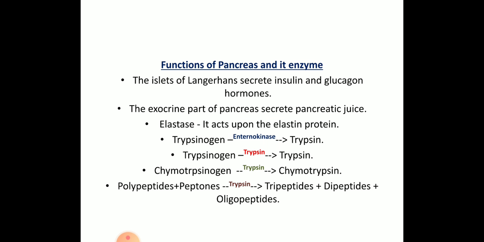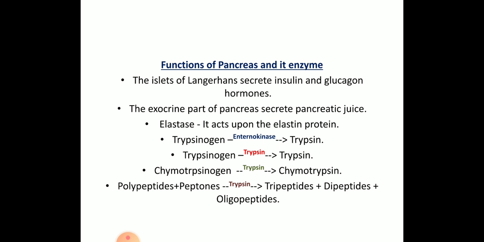Now, if you remember, trypsinogen, the inactive form of trypsin, is converted to trypsin in the presence of enterokinase, because it has to be activated. Then chymotrypsinogen is converted into chymotrypsin in the presence of trypsin.